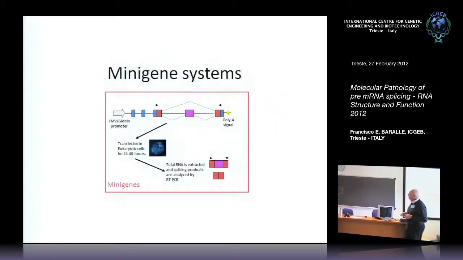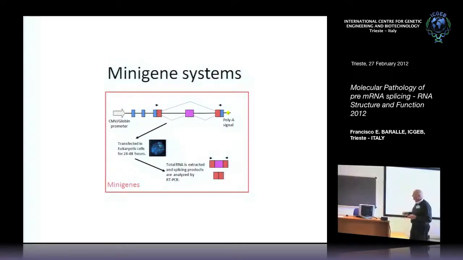If you cannot do that, then you resort to cloning your bit and introducing it into cells, and 24 hours later analyzing the RNA that the mini gene produces. If you use primers in the heterologous context of this gene, you may be able to avoid seeing the endogenous gene of the cell that you are introducing it into, in case that gene is expressed.